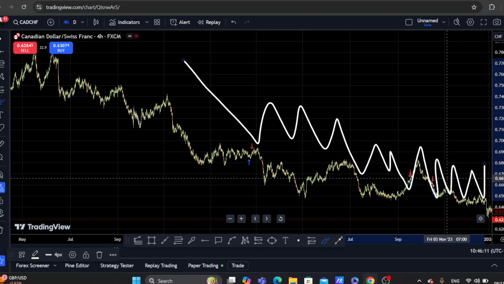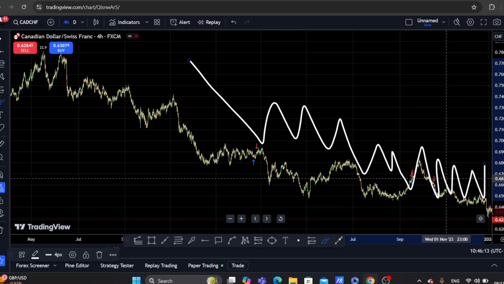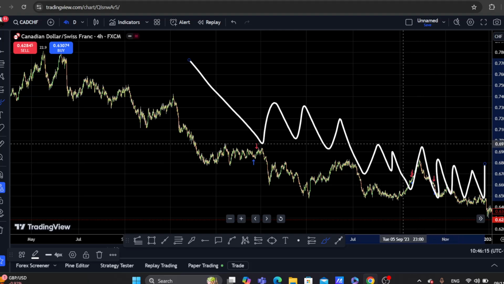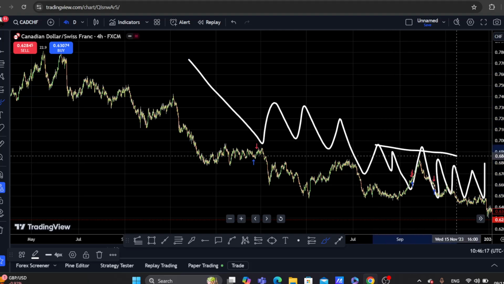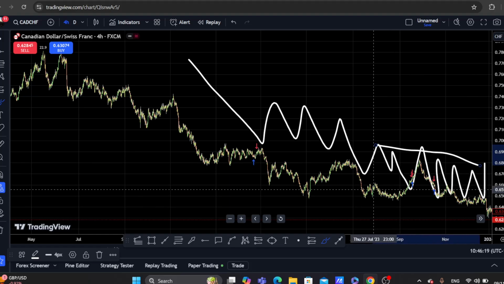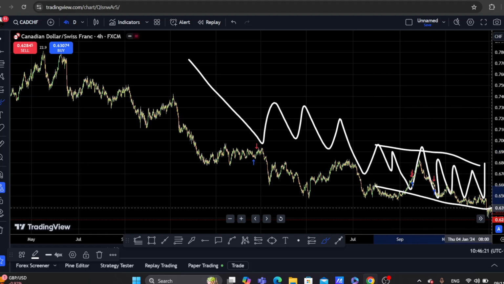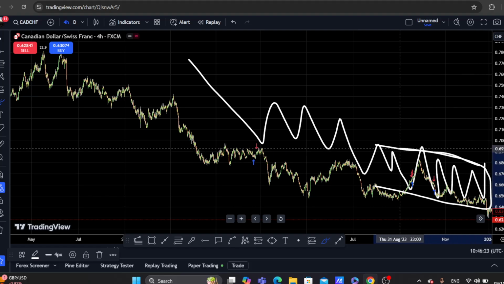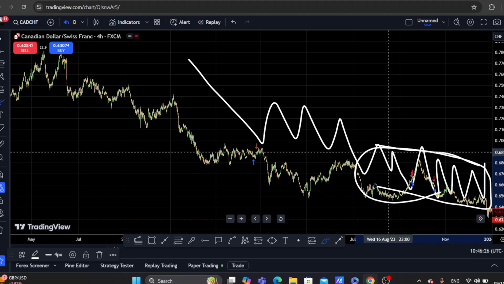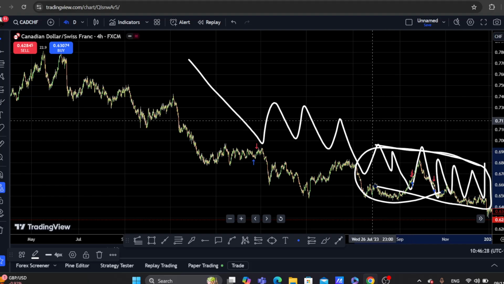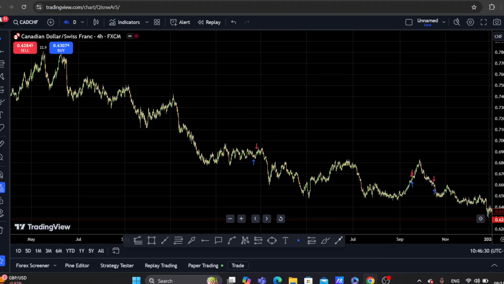When this starts happening, this is when I pay attention to the markets because I know what the banks, or the big players, are doing at this point in time. So this is when I start looking to take a trade.